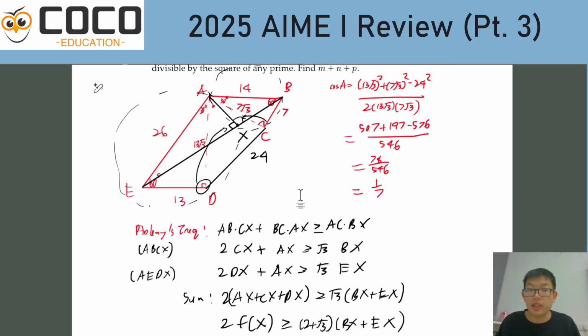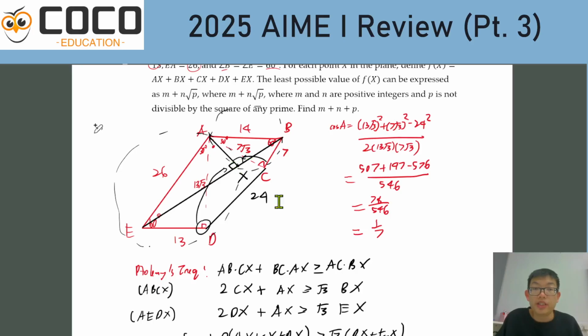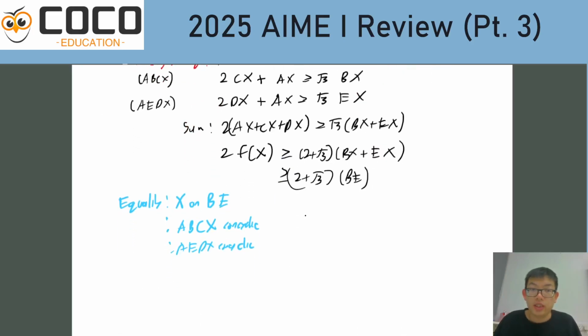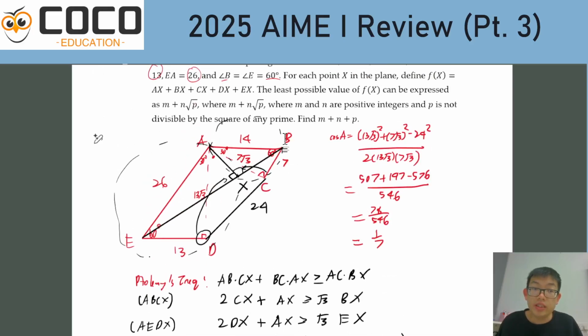And not only have we found X, we have found X just geometrically, but I don't need to describe X much more. I just need to say that my answer will just be 2 plus root 3 over 2 multiplied by the length of BE. BE can be obtained by the cosine rule, since I have already got that cosine A is 1/7 just now.